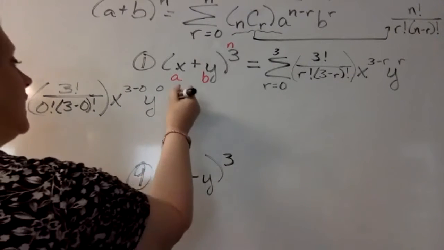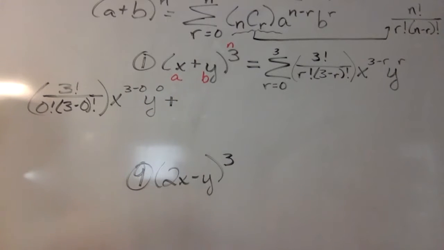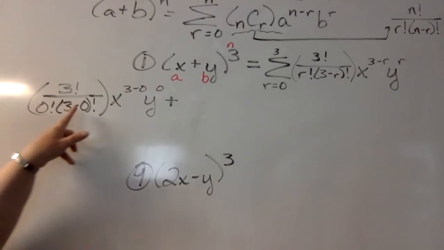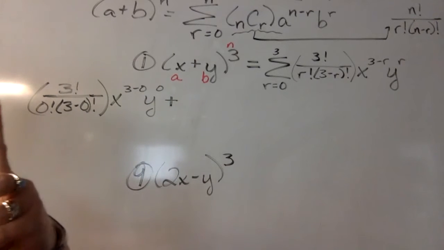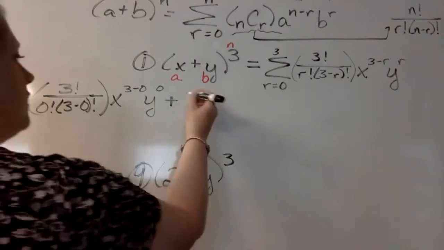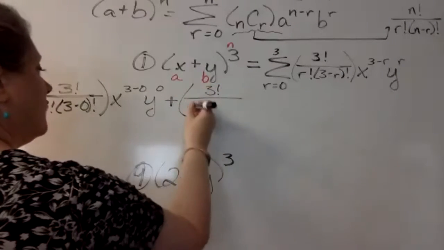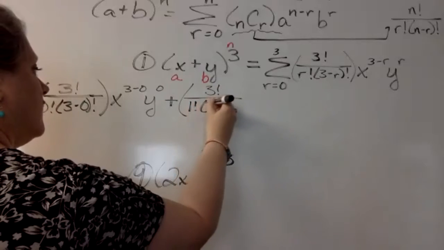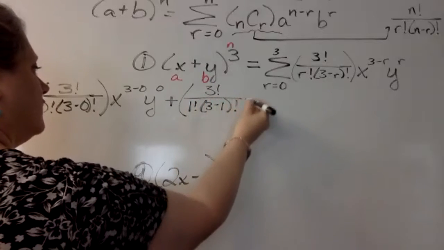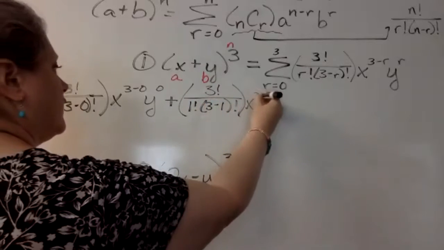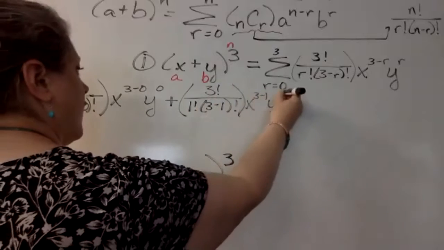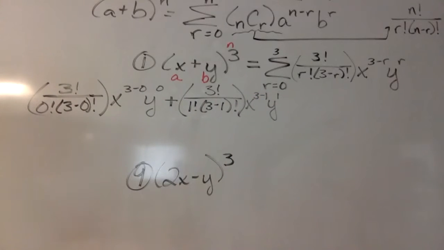Then that's going to be plus, and then you do it again, but everywhere that I put 0, this time I'm going to put 1. So I'll have 3 factorial over 1 factorial, 3 minus 1 factorial, x to the 3 minus 1, y to the 1. We did it where r was 0.